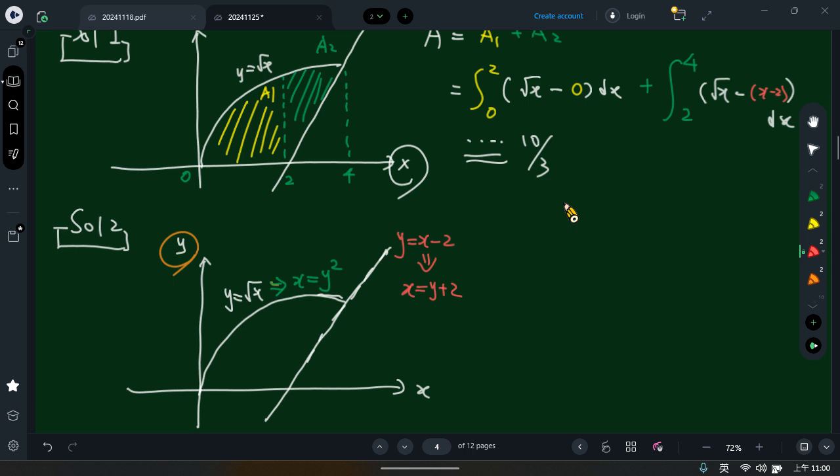Right? From this time, we are trying to integrate this with respect to y. So you can see each slice will be like this. Instead, here is just like this, right?